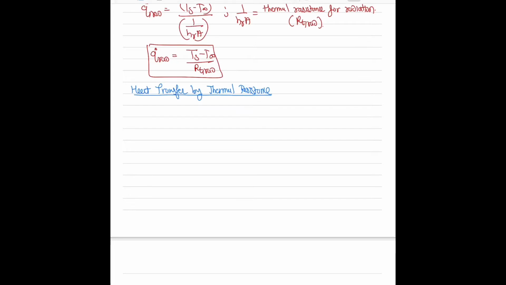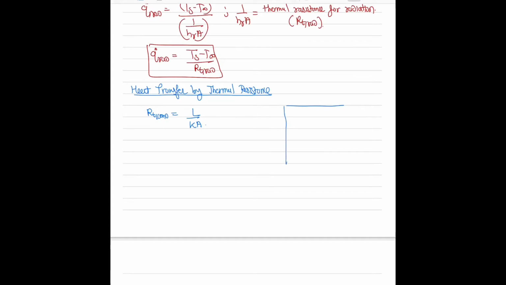So now I know that my thermal resistance in case of conduction is equal to L by Ka, where L is the length of the plate, K is the thermal conductivity, and A is the area normal to the heat transfer.